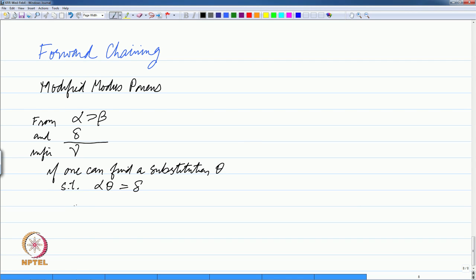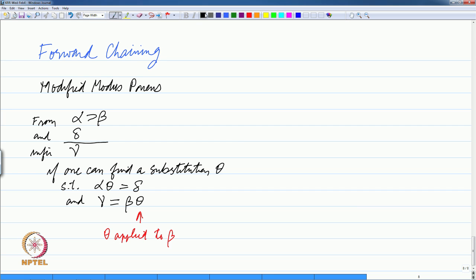And what do we infer? We infer a formula gamma, which is obtained by applying the same substitution to beta. So, this is theta applied to beta, and in the first case it is theta applied to alpha.